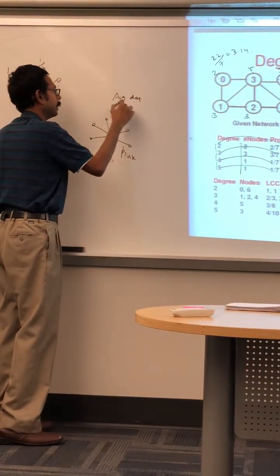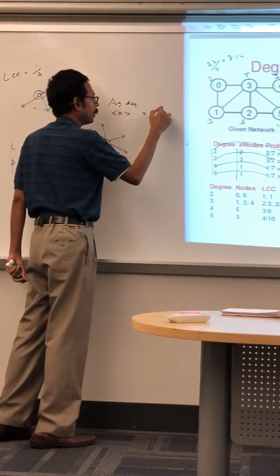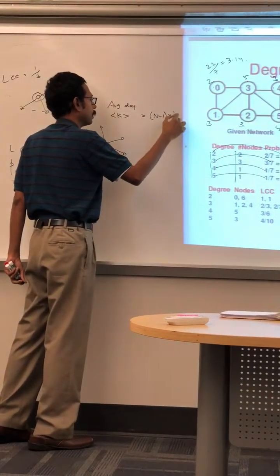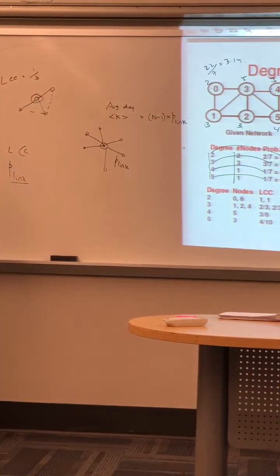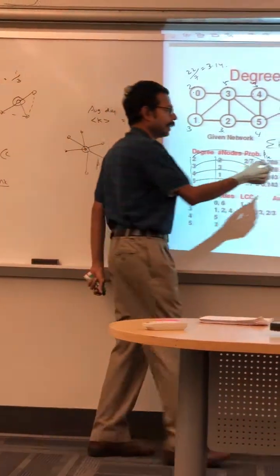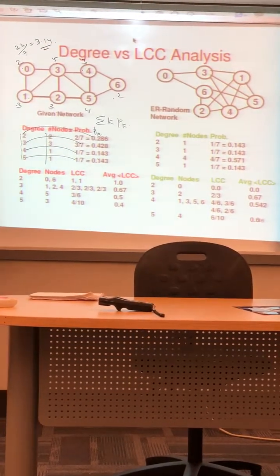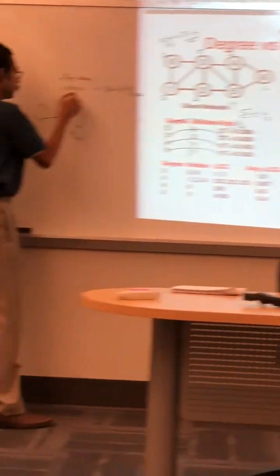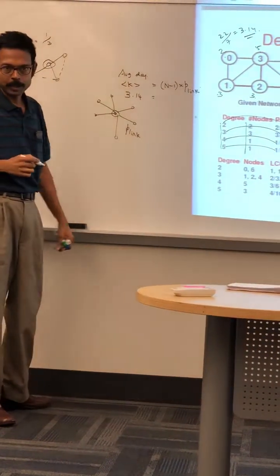so I denote average degree like this, okay? Equals n minus 1 times p link, the probability for a link between any 2 nodes. So in our case, we want to generate a random network that has the same average degree as the given real world network. So we know it's going to be 3.14, we expect it to be 3.14.